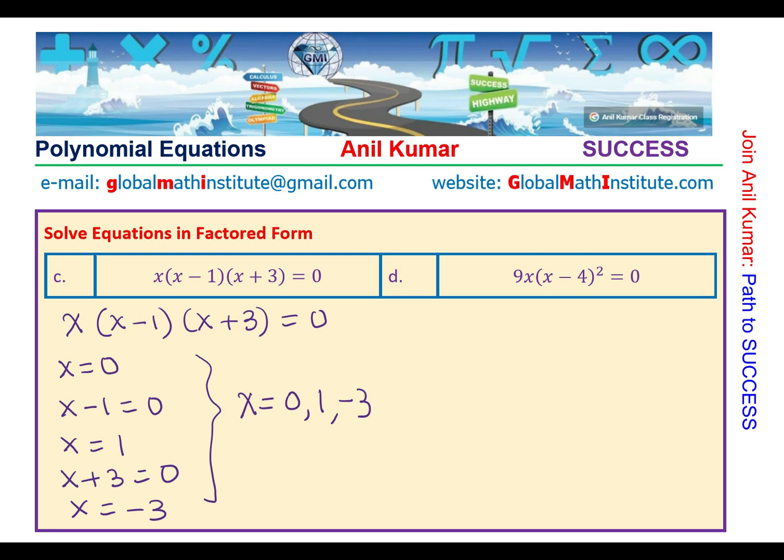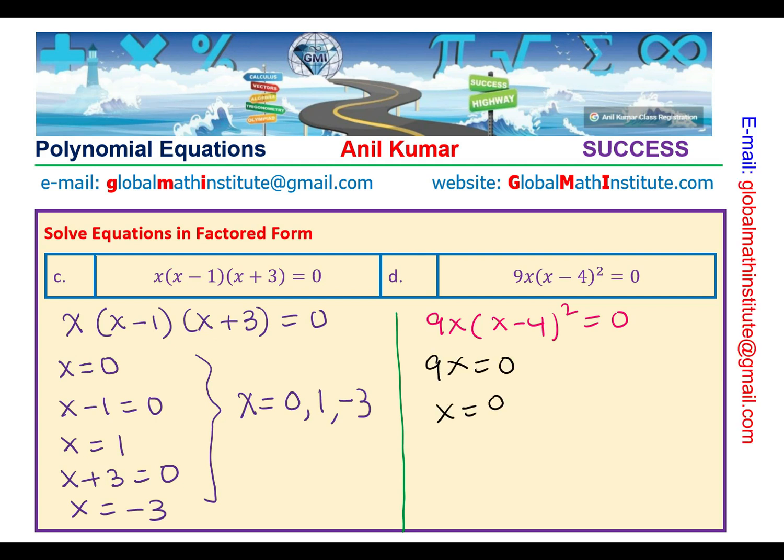Apply the same strategy, find the solution of the next equation, which is 9x into x minus 4 whole square equals to 0. You can equate 9x to 0, and that gives you x equals to 0 over 9, which indeed is 0.